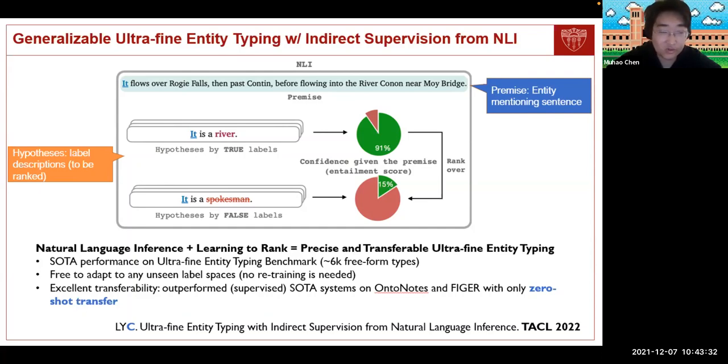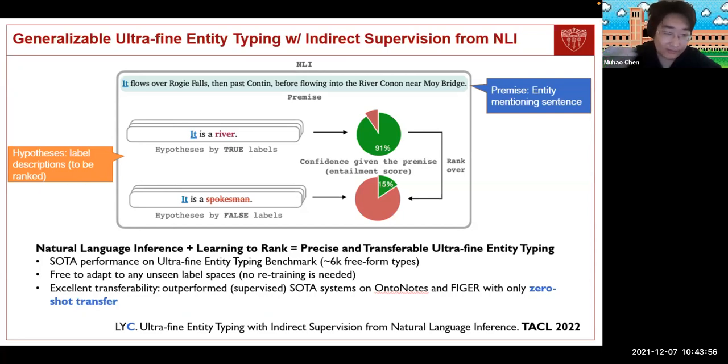Specifically, we treat each entity-mentioning sentence as the premise of the NLI. Then we convert each type label into a hypothesis in the NLI. And on top of that, we perform learning to rank. We let the model rank the correct type description over any incorrect negative sample type descriptions.